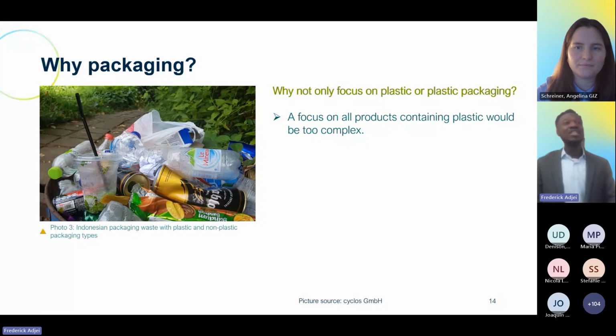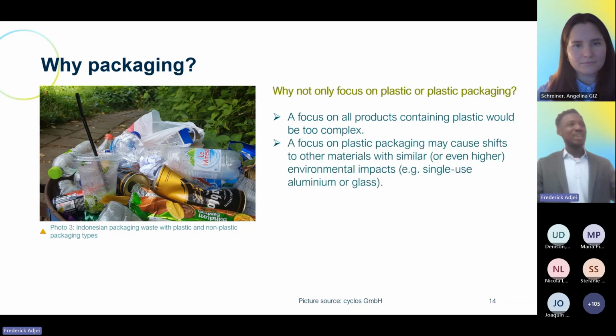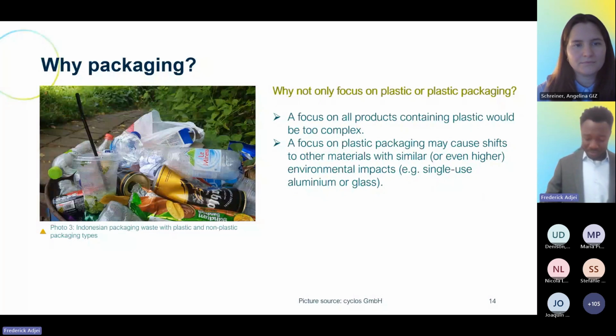Also, if you say, okay, let's focus on plastic, that is also incredibly complex. Which products? So many products are actually a combination of so many other parts. So it's probably better to look at packaging. But also, if you say plastic, producers see it, okay, plastic is banned, so we simply shift to other materials.